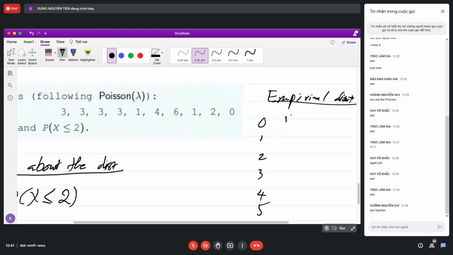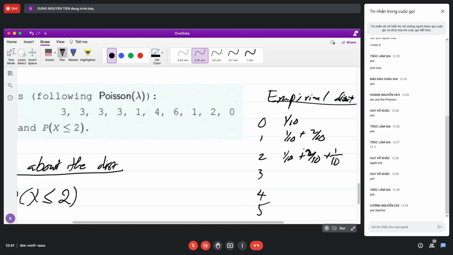So you get 1 over 10, right? For 1, you get 2, so 1 over 10 plus 2 over 10, right? And for 2, you get 1 over 10 plus 2 over 10 plus 1 more, so you get 1 over 10, right? For 2. So this will give you the empirical distribution.